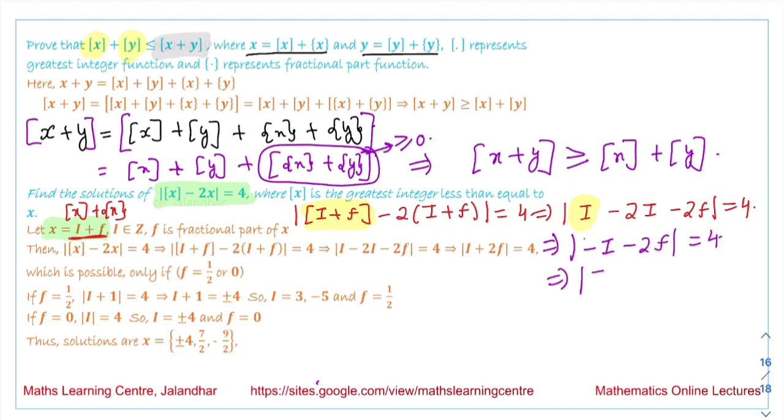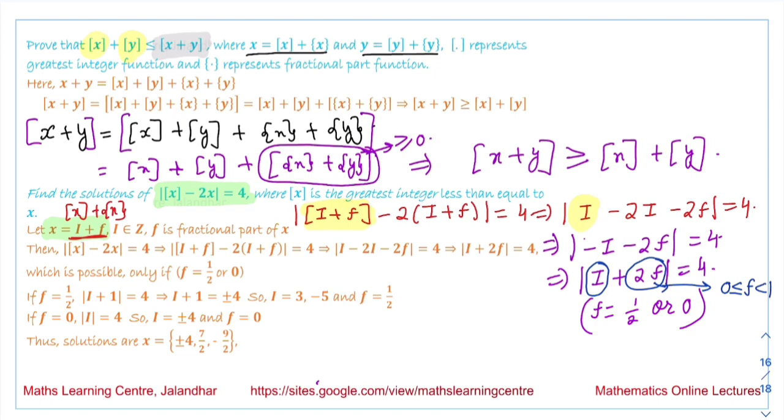This implies greatest integer of I plus 2f is equal to 4, and this is possible only if the value of f is equal to 1 by 2 or 0, because I is already the integral part and we are adding 2f to it, and f is either a fraction or it can be 0. The values of f that we can have are 0 less than or equal to f less than 1.